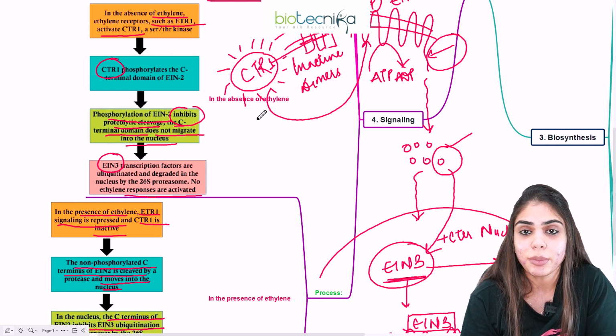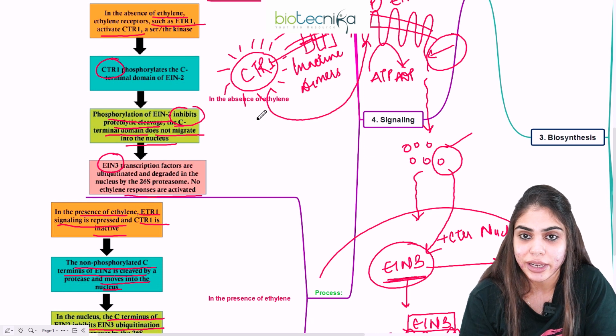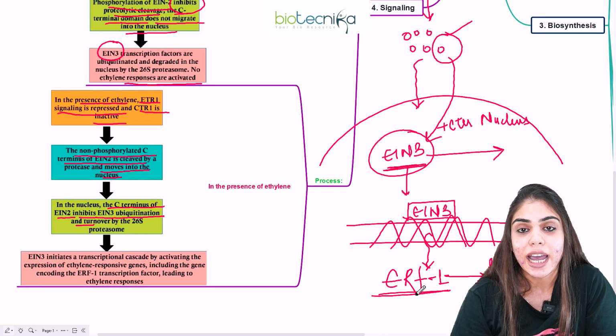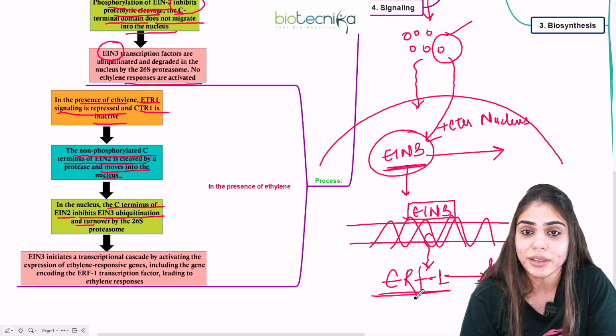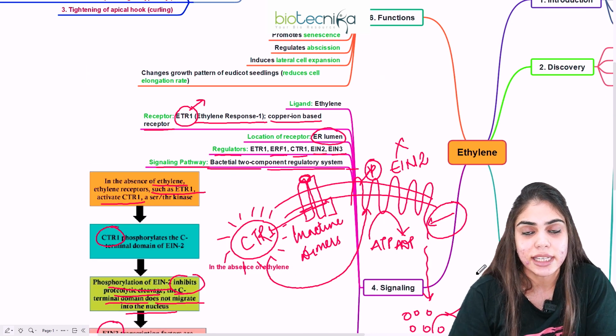This C-terminal will bind to the EIN3 transcription factor inside the nucleus and will activate it, which will further bind to the response element in the DNA and will initiate the transcription of ethylene response factor, which is going to be the synthetic factor, or precursor, for the synthesis of ethylene. And with this, the ethylene induced responses are seen in the plant.